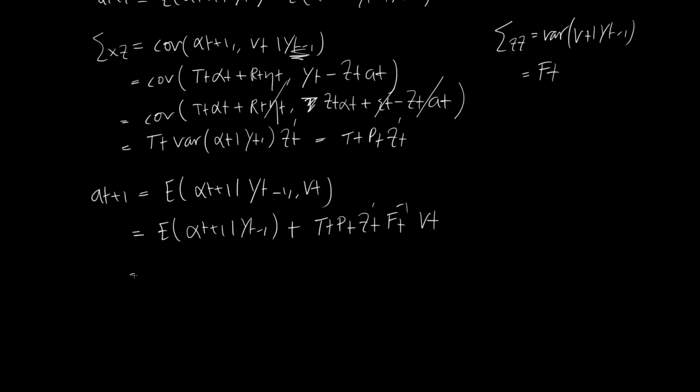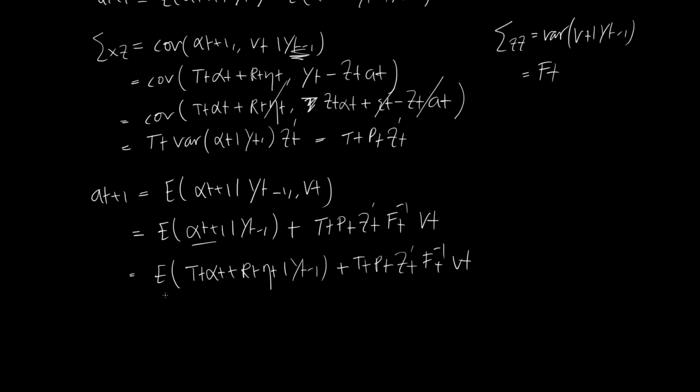If we now plug in the model here, we find alpha_{t+1} was given by T_t alpha_t plus R_t eta_t given Y_{t-1}, plus T_t P_t Z_t prime F_t inverse V_t, this is just standard algebra.